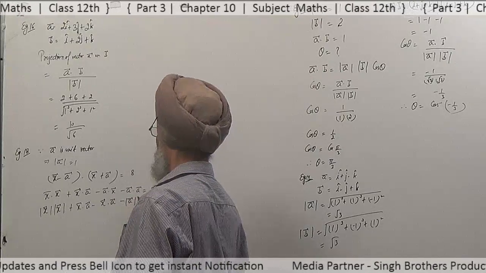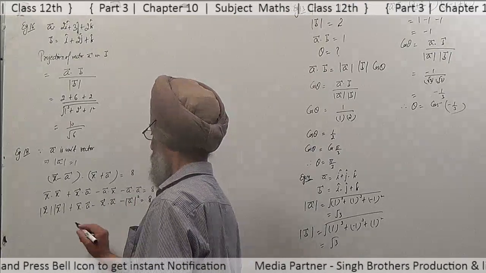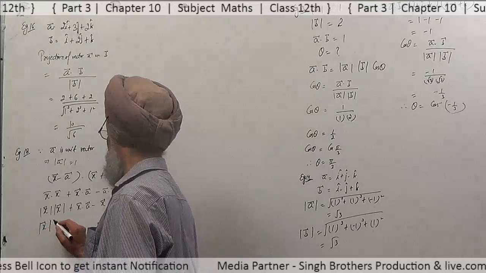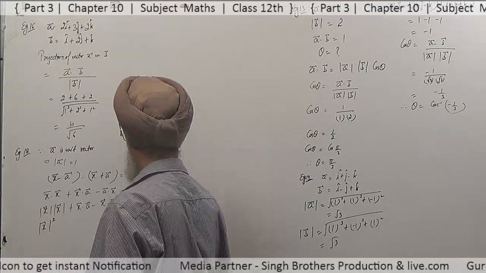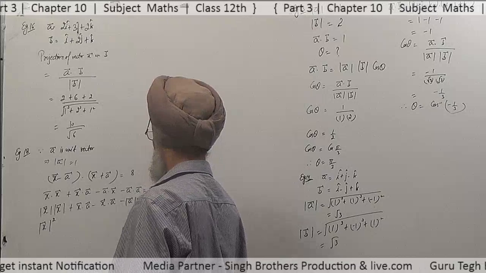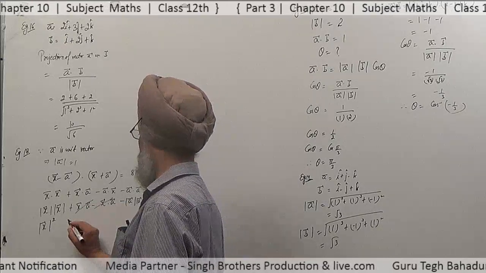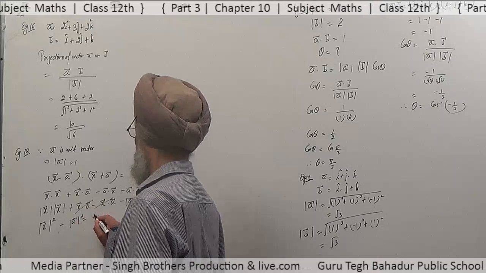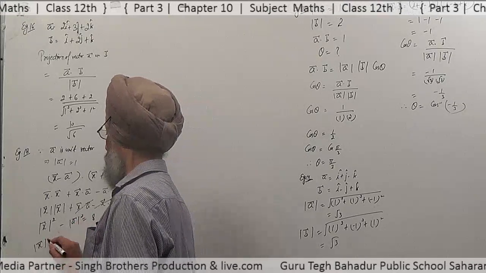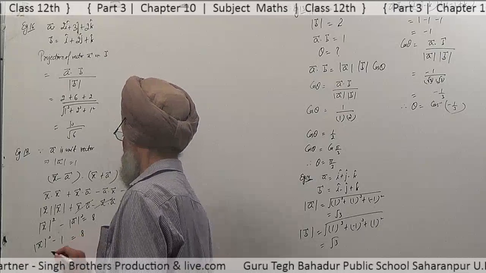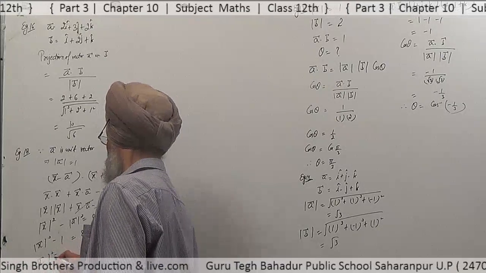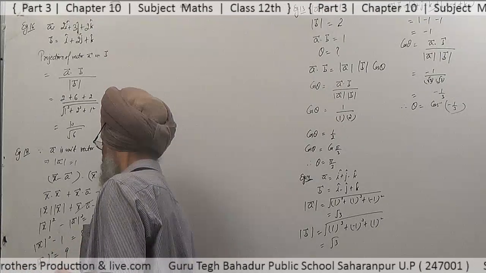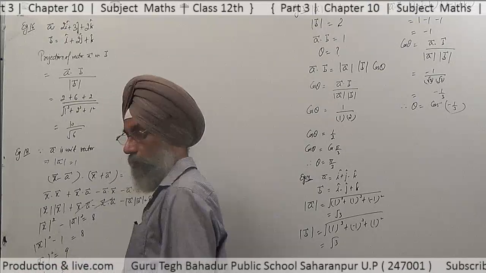Magnitude of A square is equal to 8. It becomes magnitude of x square, and the cross terms get cancelled. Magnitude of A square is 1, so magnitude of x square is equal to 9. So magnitude of x is 3. That is what we had to find out here.